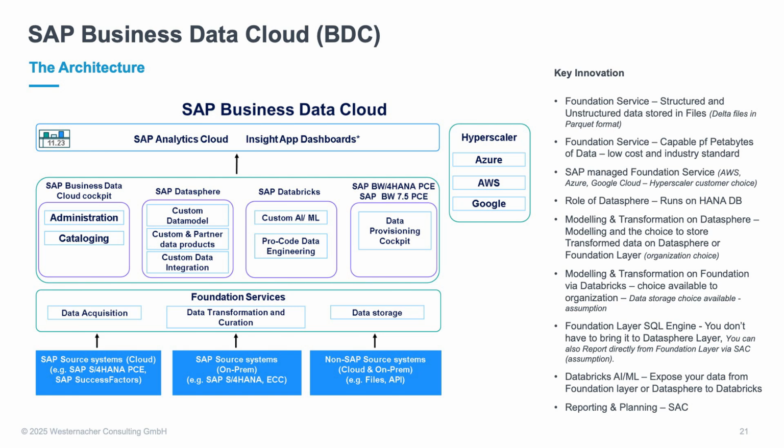In the foundation service, what SAP has tried to answer here is the storage cost and performance. You can have the structured and unstructured data stored in files. Basically, these are Delta files in Parquet format, which are capable of petabytes of data, at low cost. It's a low-cost file storage system, which is the industry standard on which AWS, Azure, and Google Cloud run.